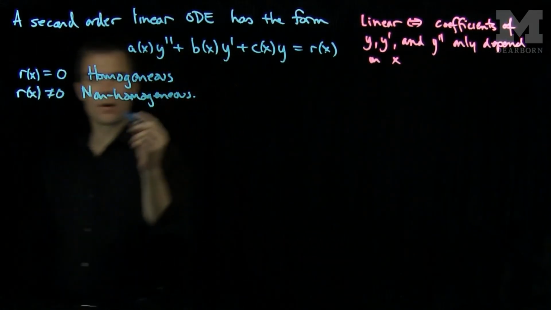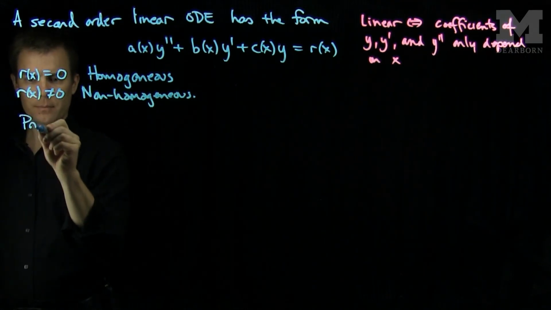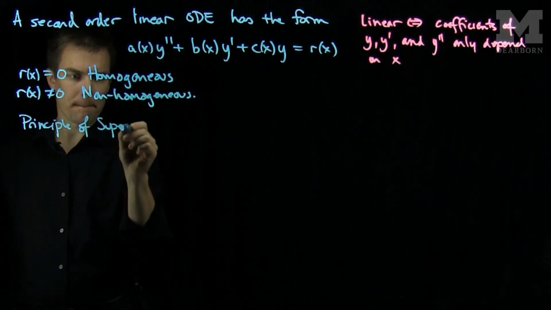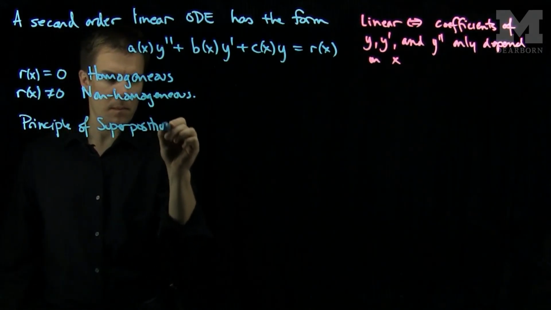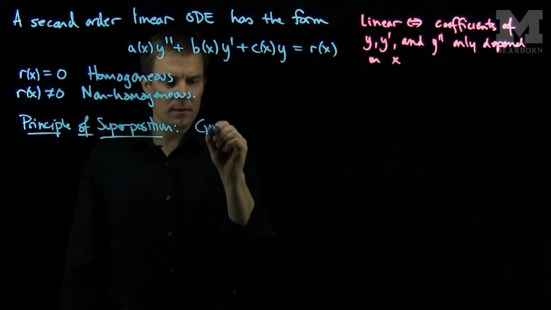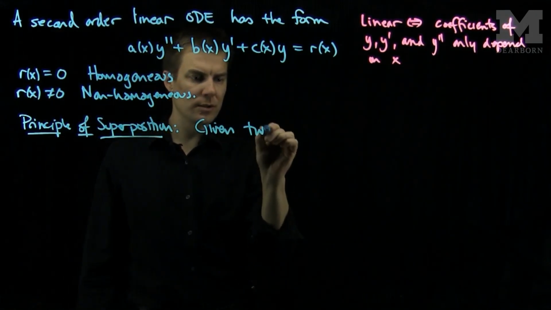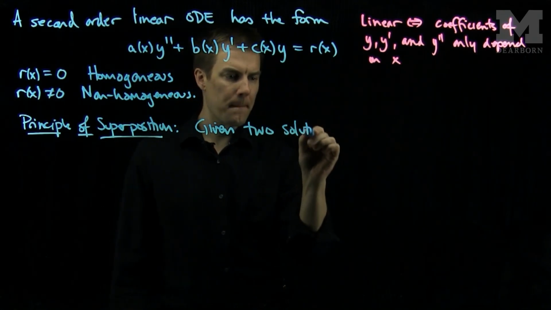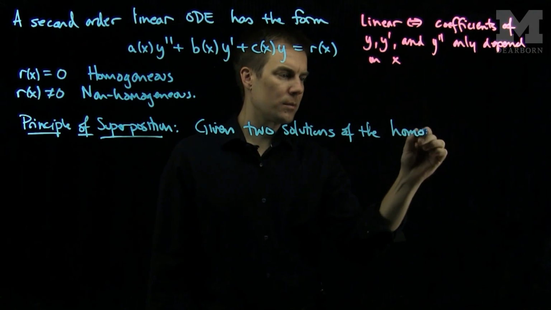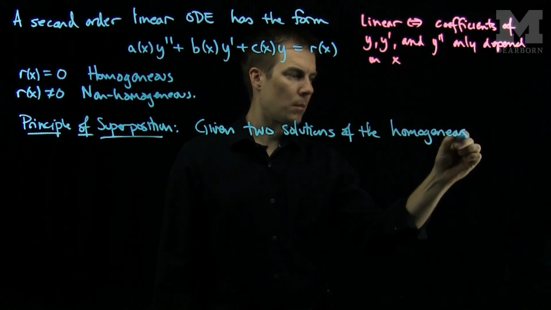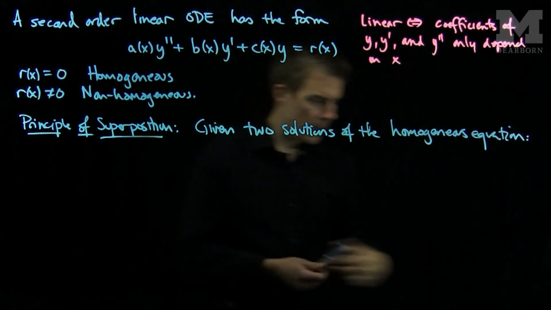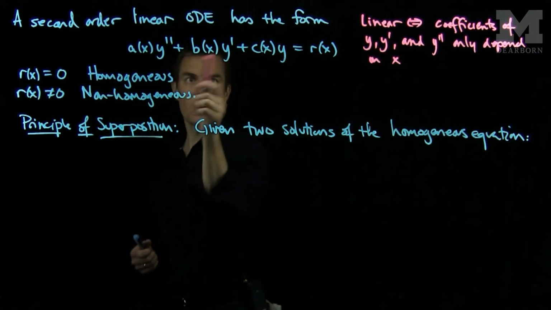Now we can use the following fact. This is called the principle of superposition. The principle of superposition says that if you're given two solutions of the homogeneous equation, and by homogeneous, remember that means that r of x is equal to 0.